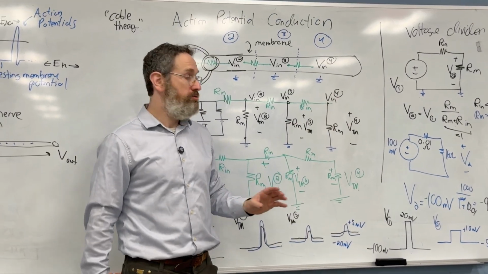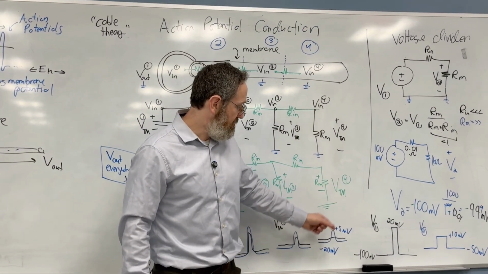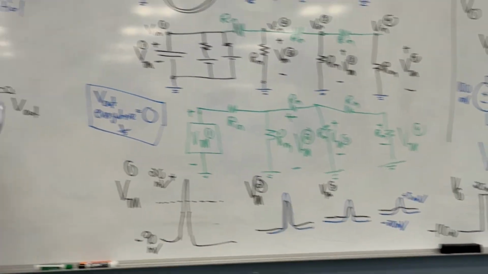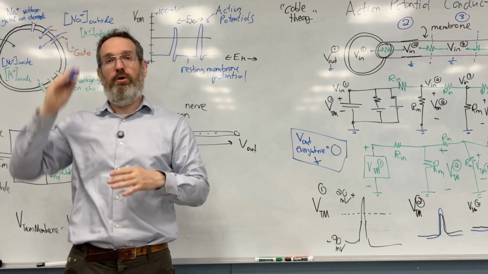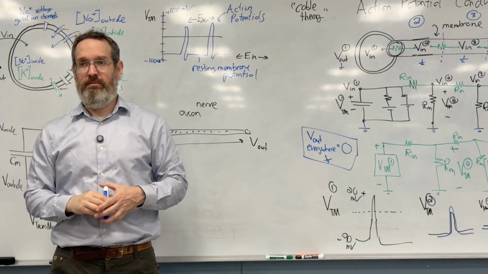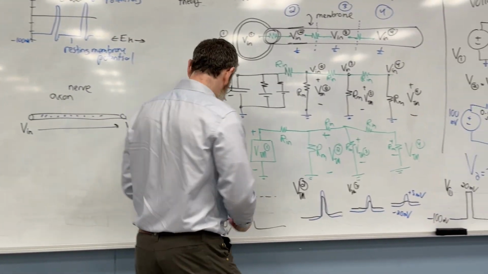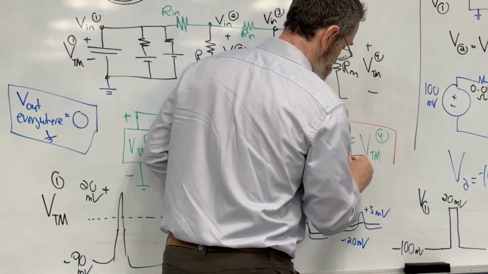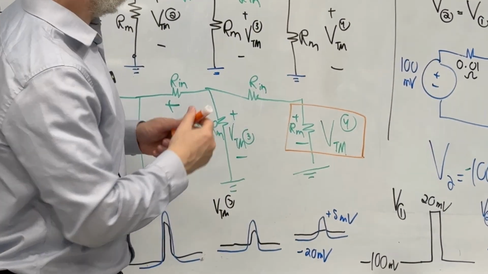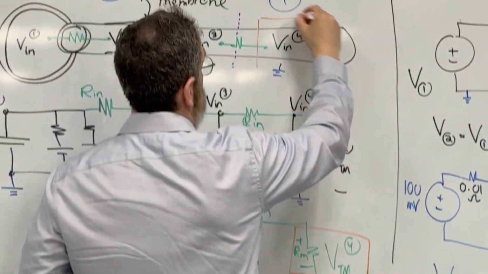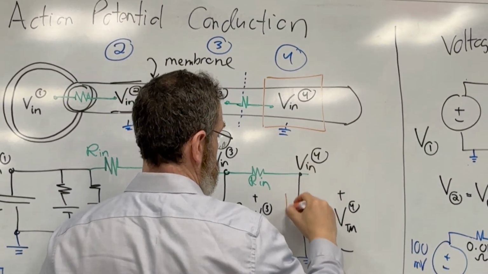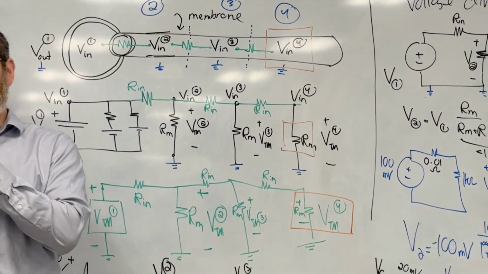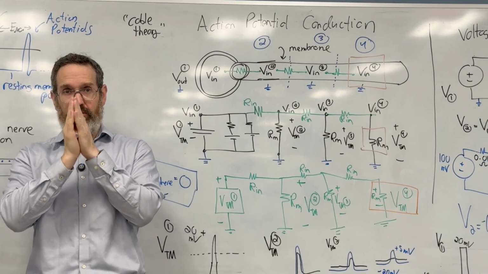Now what I would like to do is I would like VTM to take this signal when it arrives and increase it back up to 100 millivolts. What I want this part of the cell to do is something very special. I want it to sit there and wait.